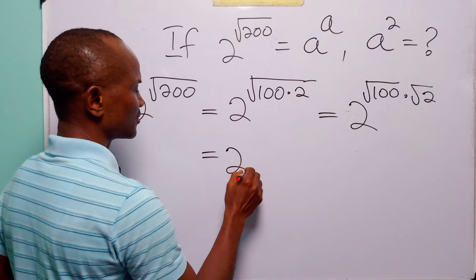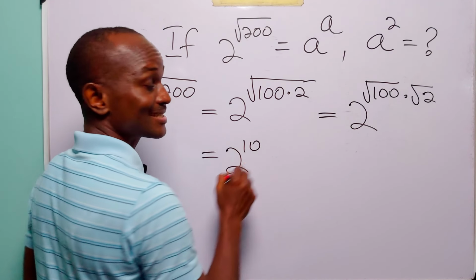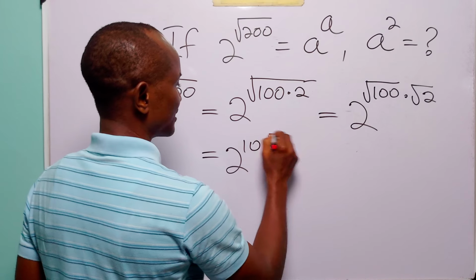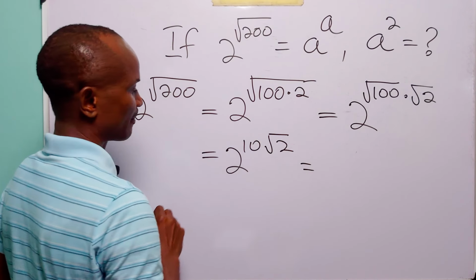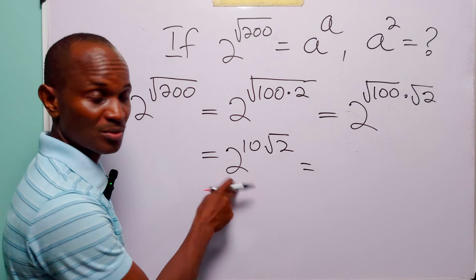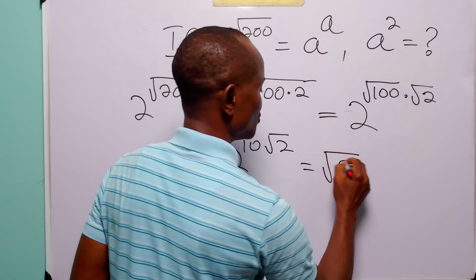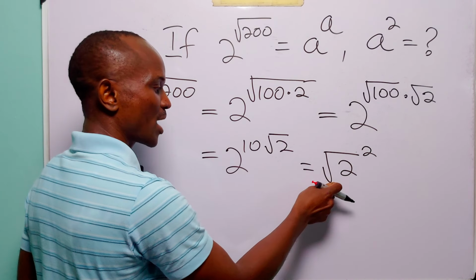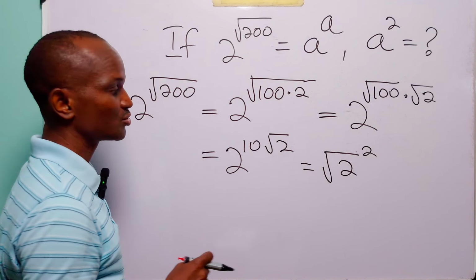Now this is equal to 2 to the power 10, because the square root of 100 is equal to 10 times root 2. But then we can write 2 as root 2 squared, because the square of the square root of 2 is equal to 2.